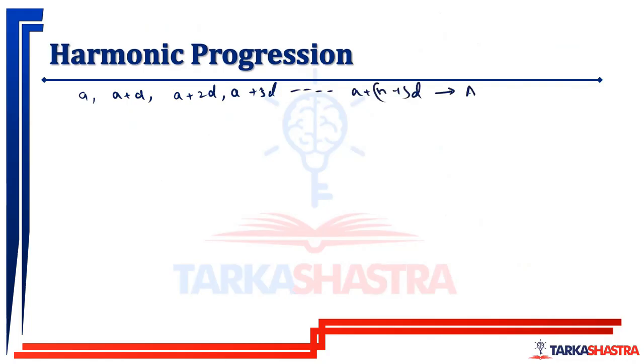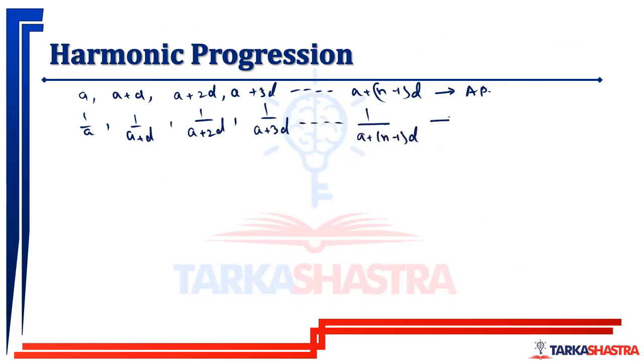These terms are in arithmetic progression. Now 1 by a, 1 by a plus d, 1 by a plus 2d, 1 by a plus 3d, up to 1 by a plus n minus 1 d. These terms will be in harmonic progression.